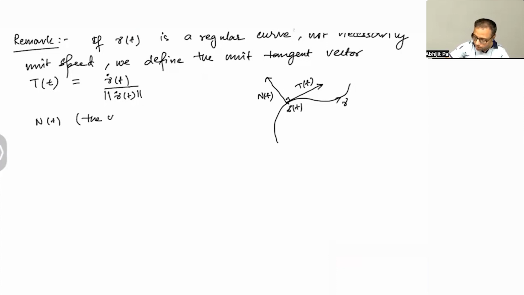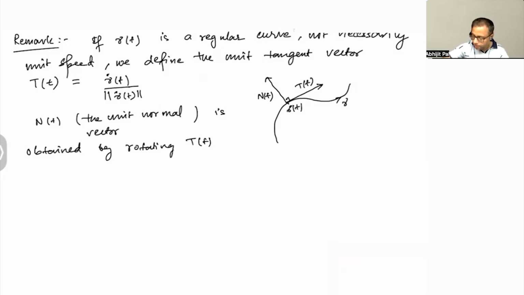This is the unit normal vector, obtained by rotating the tangent vector anticlockwise by an angle pi by 2. Okay.